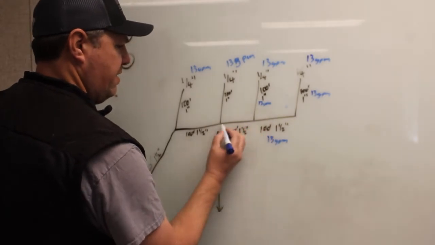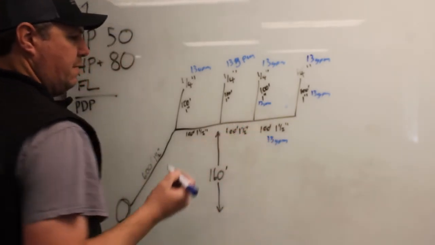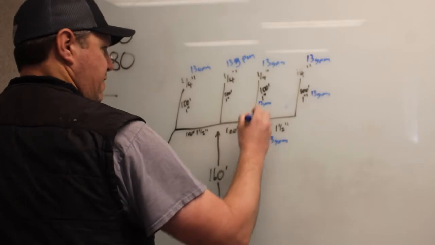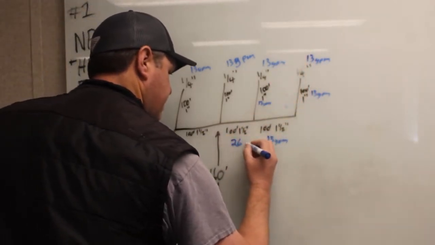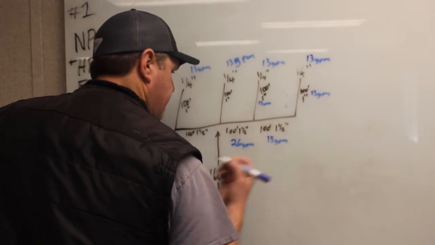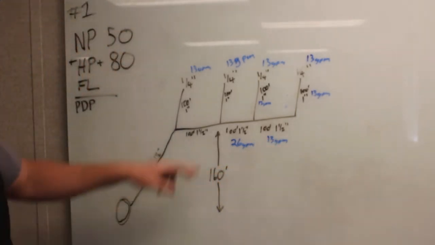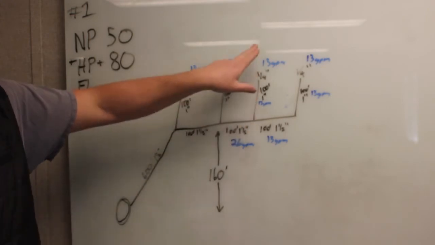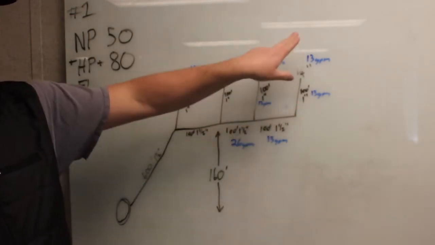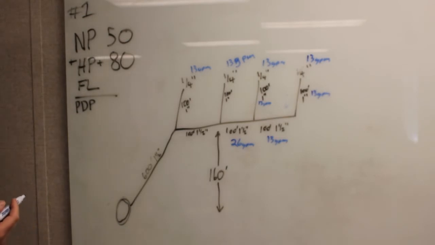And up here, in this piece of hose, what do I have? I have 13 and 13, so 26. So 26 gallons a minute are flowing through this piece of 1.5 inch, 13 comes out here, and 13 keeps going and out the end.